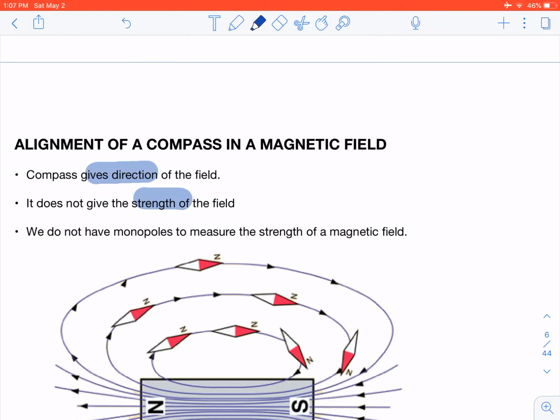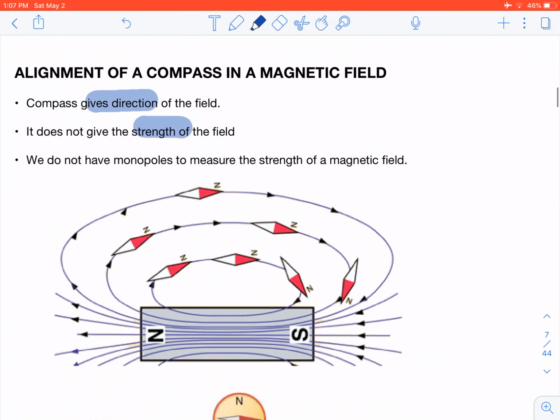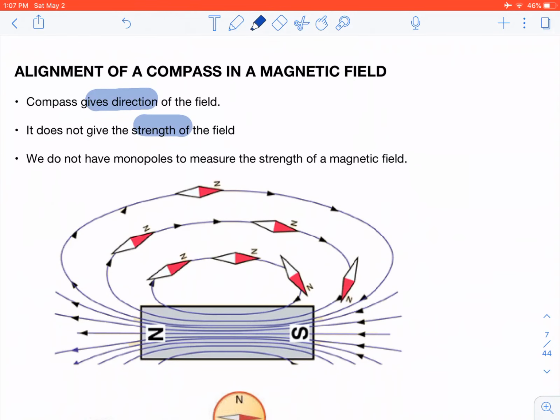Now, in order to know what the strength of the field is, we need a monopole or something tiny. But like I said, we don't get monopoles up to this stage. Nobody has recorded any findings related to a monopole.